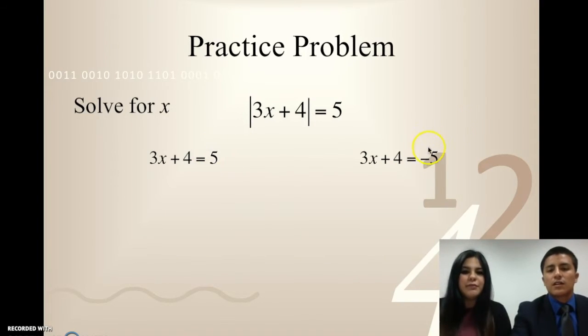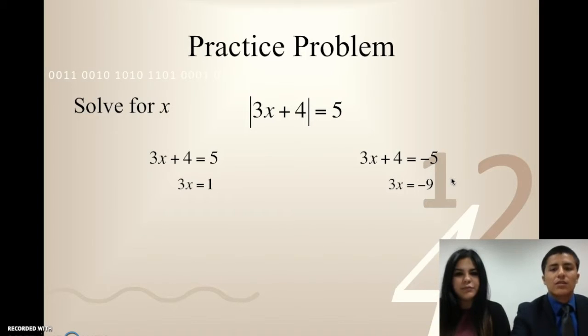Positive 5, negative 5. And then we simply solve for the equations algebraically by isolating the variable. So we subtract 4 from both sides on each equation, and you get 3x is equal to 1 and 3x is equal to negative 9. And the next step would be dividing by 3, and you get x is equal to 1/3, and x is equal to negative 3.